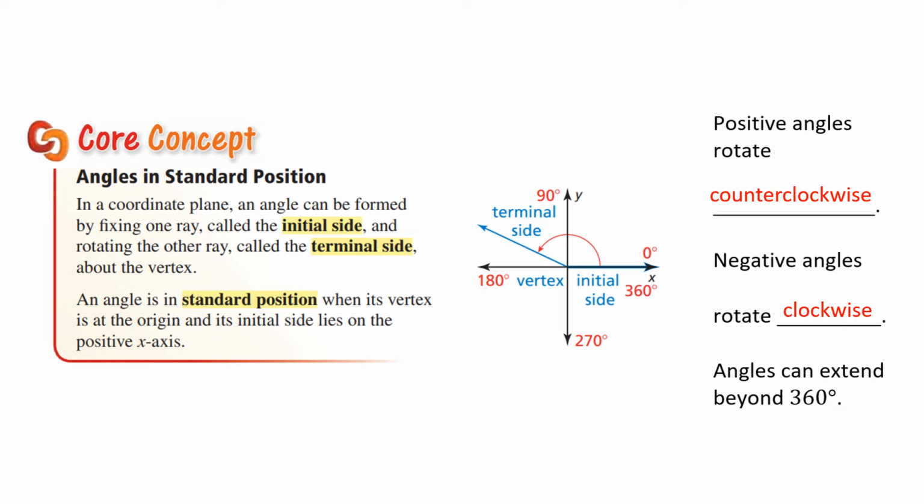We are only seeing increments of 90, 180, 270, 360, but we can go to 450 and 540. We can have 720 degrees. We can have 1,000 degrees. We can have negative 422 degrees if we want. In order for us to locate these, we're always going to begin at the initial side and then rotate in the proper direction with the correct number of degrees.